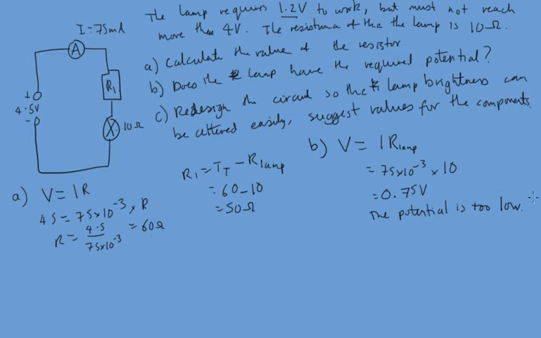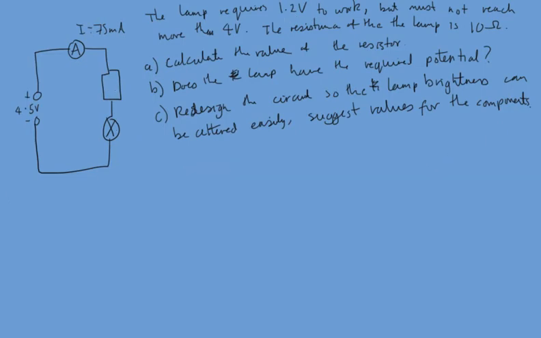So redesign the circuit so the brightness can be altered, and we want to suggest values for the components that would work. Okay, so I'm going to remove this part and just keep the original drawing up. If we want to alter the potential across the lamp, we need to be able to vary the resistance here. The best way to do that is with a variable resistor. So let's draw that in. Turn this into a variable resistor. The question asks that we must consider the values that we want.